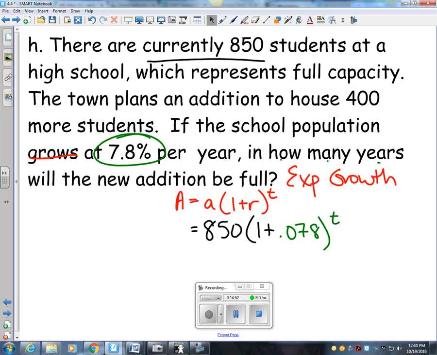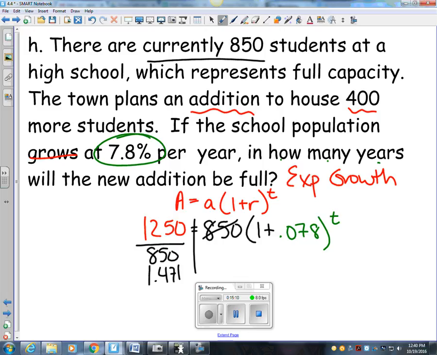We do know how many students we're going to end up with, so there's currently 850, and we're adding 400. So we're going to end up with 1250. All right, first thing you need to do is divide by 850. That gives you 1.471 equals, I'm going to go ahead and put that together, so it's 1.078 to the t.